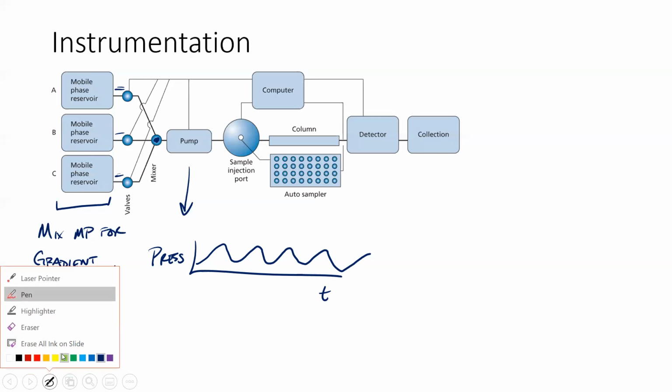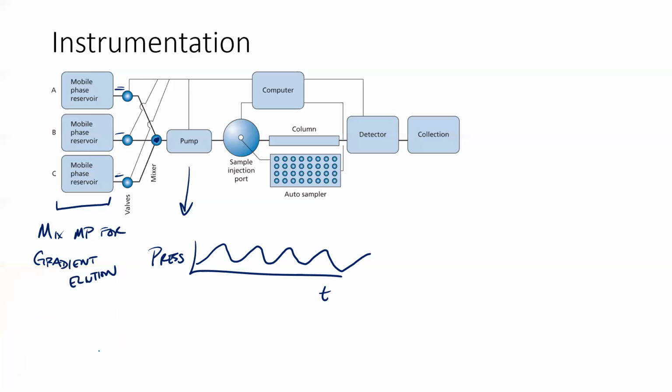And so what they do is they often pair 2 pumps together that are exactly opposite each other, and so overall you get a pretty constant pressure over time, right?